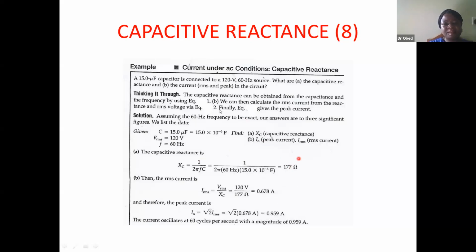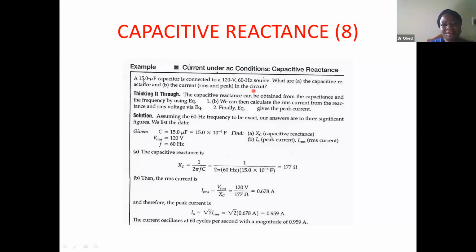So the question says a 15.0 microfarad capacitor is connected to a 120 volts, 60 hertz source. What are A, the capacitive reactance, and B, the currents, RMS and peak in the circuit?